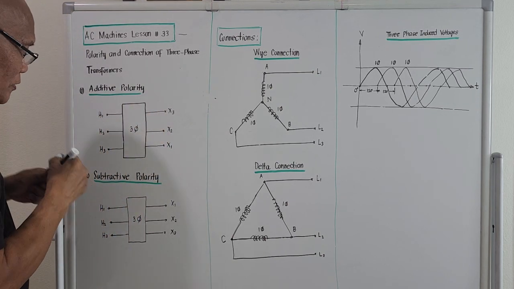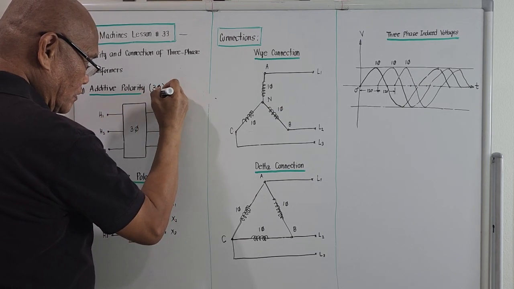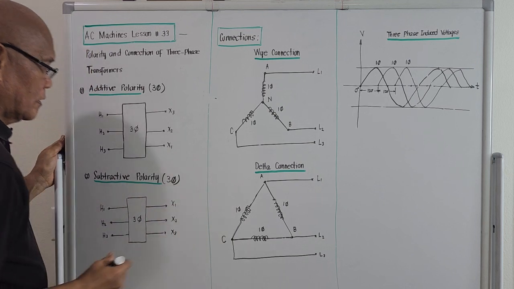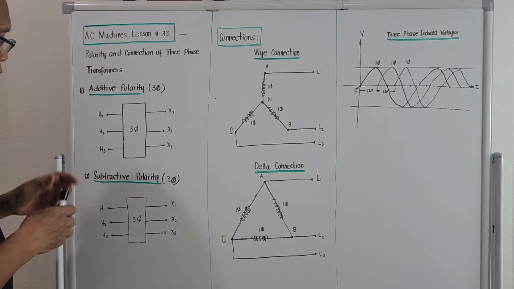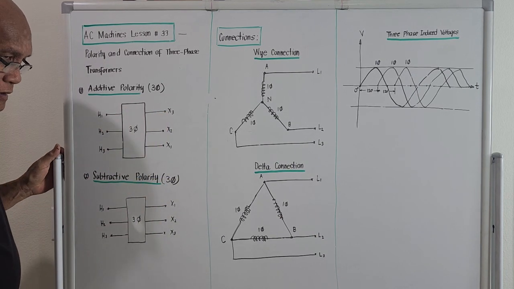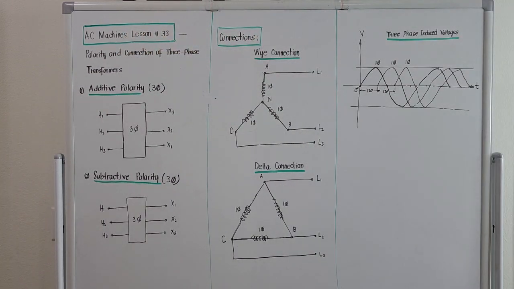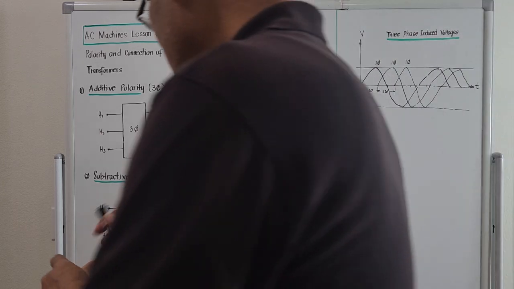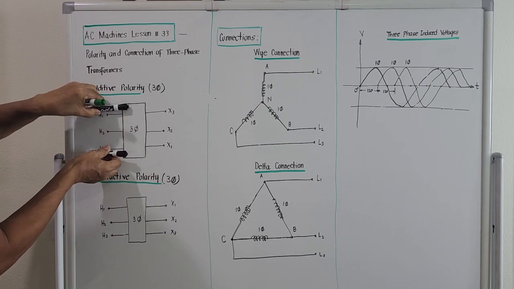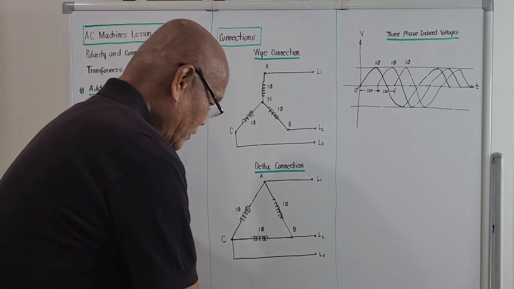The additive polarity for three-phase transformers. The markings will be like this. For the primary side, of course, being three-phase, we are given 3 lines on the primary and 3 lines on the secondary.